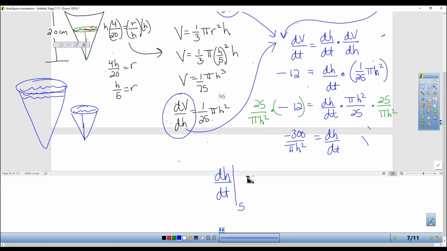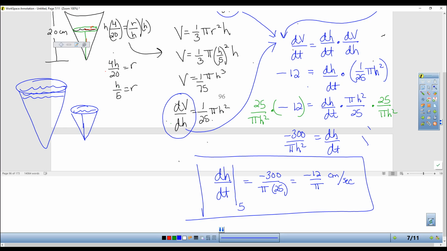So at 5 is negative 300 over pi times 25, which is equal to negative 12 over pi. What units do we have? This is the height, so it should be measured in centimeters, and it's the derivative with respect to time, so per second. And that's my answer. That's how fast the fluid level is dropping.